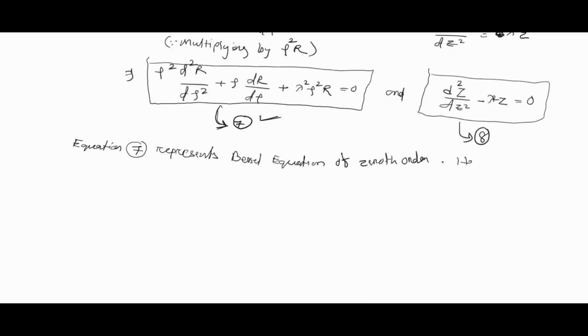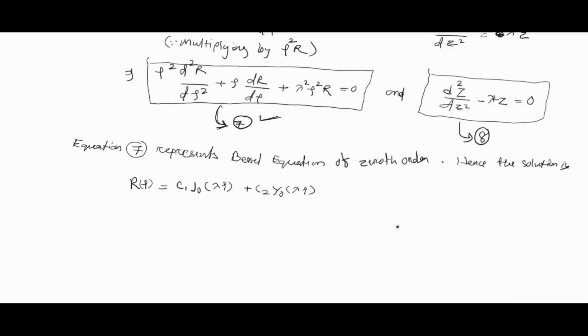Hence the solution is, R as a function of ρ is equal to C1 J0 of lambda ρ plus C2 Y0 of lambda ρ.